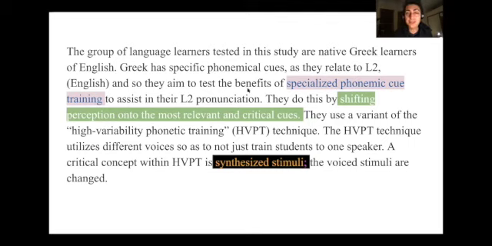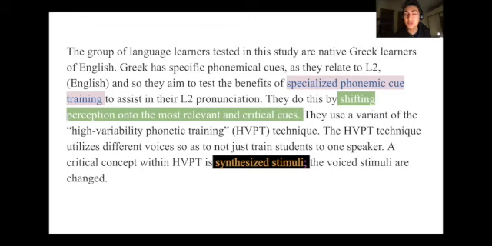And so they aim to test the benefits of specialized phonemic cue training to assist in their L2 pronunciation. They do this by shifting perception onto the most relevant and critical cues. They use a variant of high variability phonetic training. The acronym is going to be HVPT, and we're going to see that a bunch during this presentation. The HVPT technique utilizes different voices so as to not just train students to one speaker.